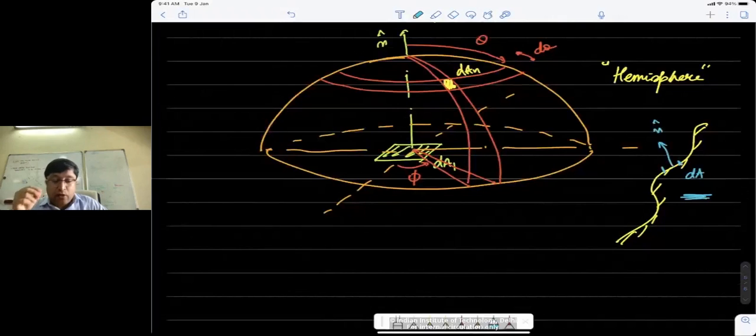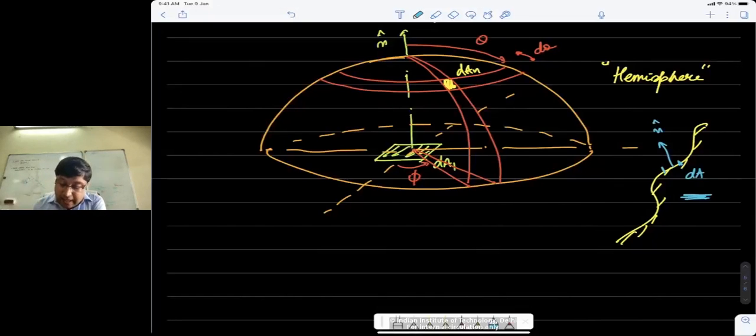So in radiation analysis, we only deal with hemispherical quantities, because radiation is going to go from dA1, and dA1 is going to be part of some larger body. It is not just that this element is radiating. This is a small element I've taken on some large surface. So we will have to integrate over all such dAs in a body to be able to calculate the total radiation leaving a surface.